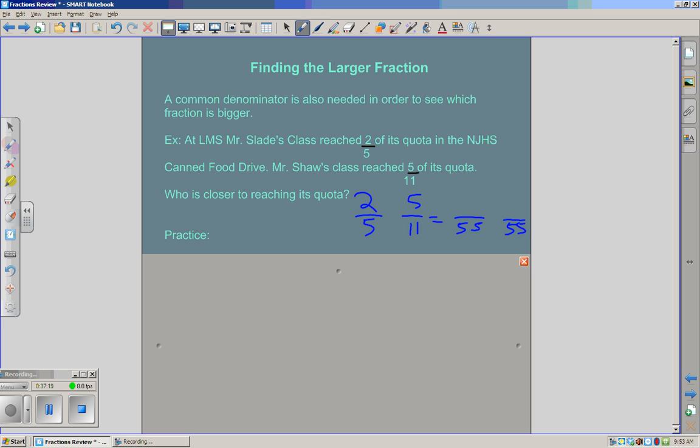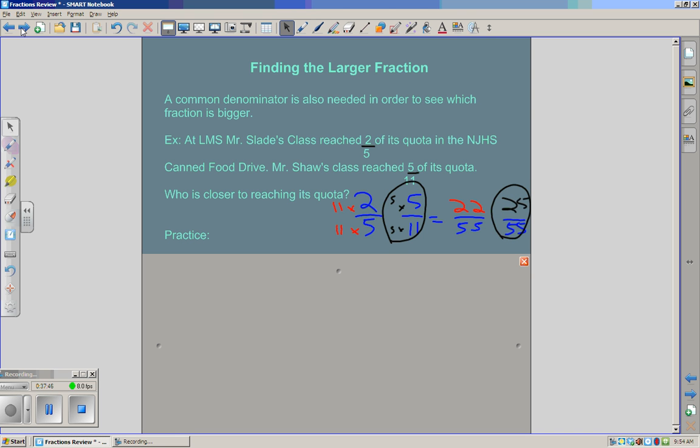My class I timesed by 11 to get from 5 to 55, so I have to do the same to the top. 2 times 11 is 22. Mr. Shaw's class, to get from 11 to 55, he times by 5. 5 times 5 is 25. I see that Mr. Shaw's class is closer, and that 5/11 is indeed bigger than 2/5.